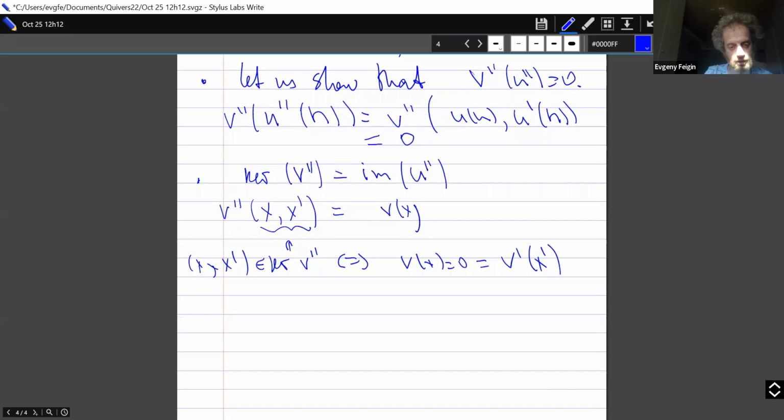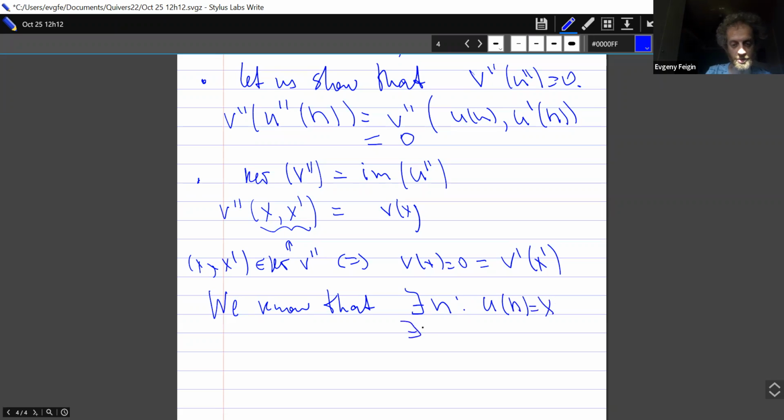So we know that there exists an n such that u of n is x, and there exists an n prime such that u prime of n prime is x prime. But the problem is that these two elements are in principle different. So this is not exactly what we want.